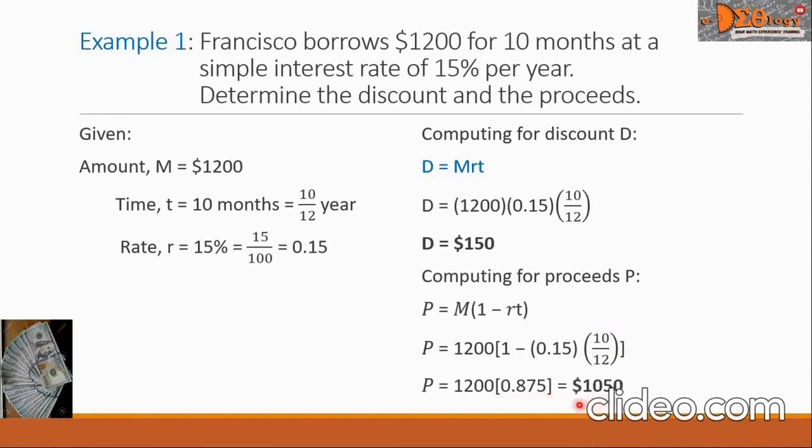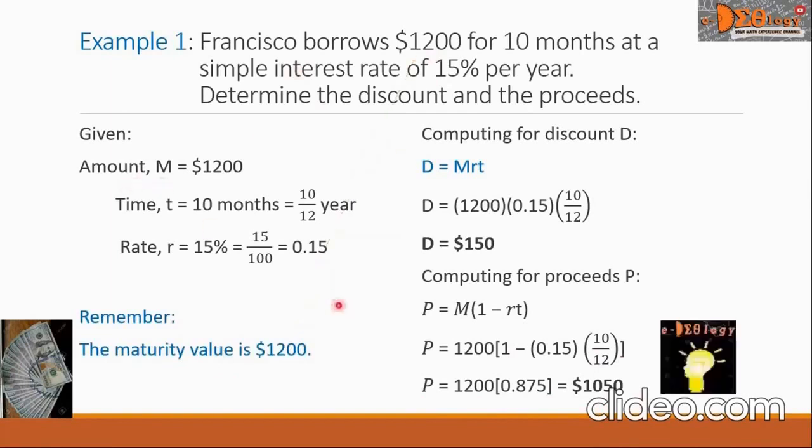Let us write the dollar sign. It means to say, this is the value that Francisco will receive. Remember, the maturity value of the loan is the 1,200, and that is the same value of the amount M. This is our final answer.